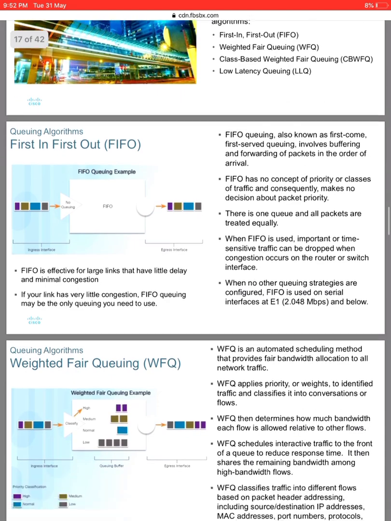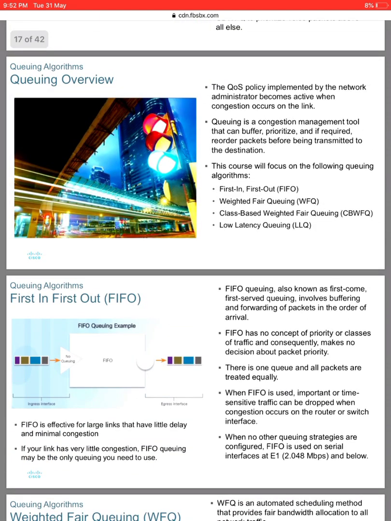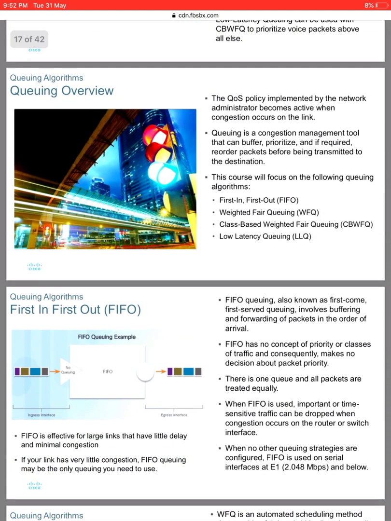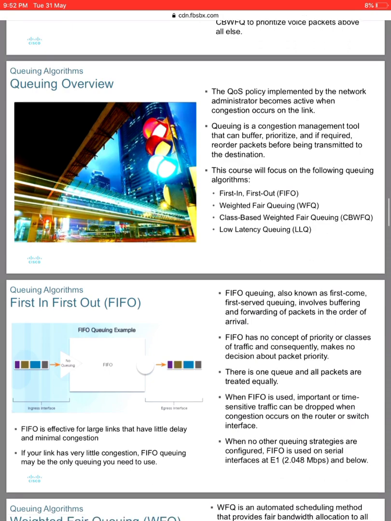Queuing overview. The QoS policy implemented by a network administrator becomes active when congestion occurs on the link. Queuing is a congestion management tool that can buffer, prioritize, and, if required, reorder packets before being transmitted to the destination.